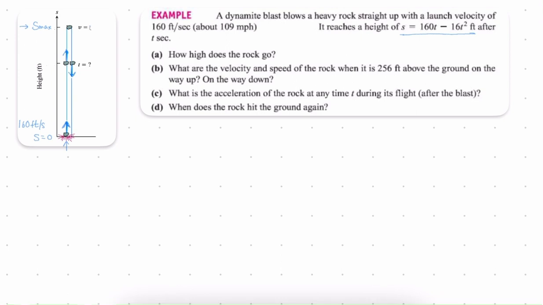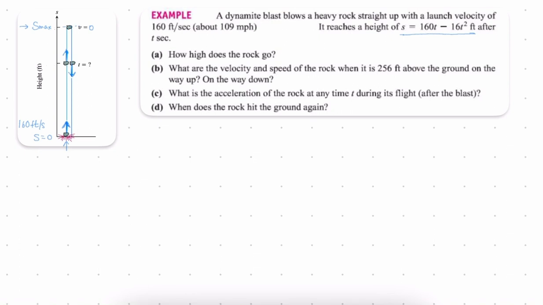So v equals 0 at this level. This is the hidden information, so we need to label it in our diagram. Once we have done labeling our diagram, we can start to find the answers for each of these questions.